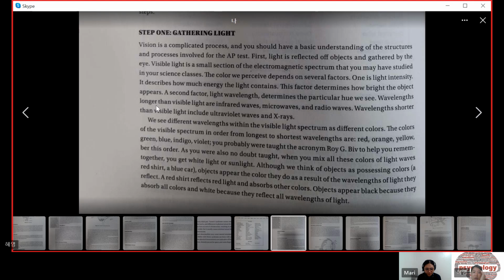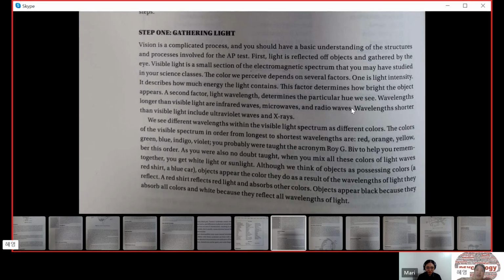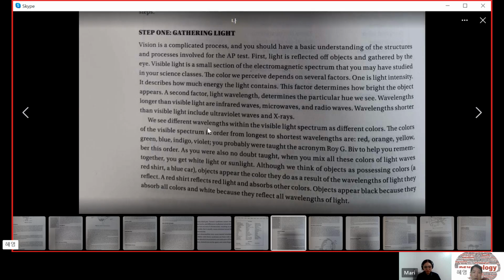Wavelengths longer than visible light are infrared waves, microwaves, and radio waves. Wavelengths shorter than visible light include ultraviolet waves and X-rays. So we see different wavelengths within the visible light spectrum as different colors.